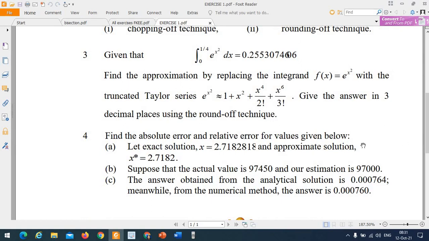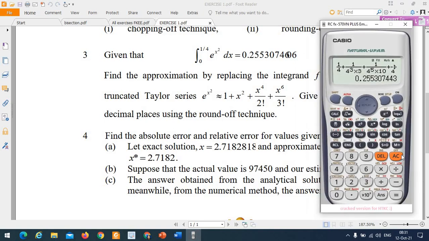This one is exact. This is approximate. Absolute error, okay, absolute error just take magnitude. In the calculator, you have the absolutes. Let me find the button.